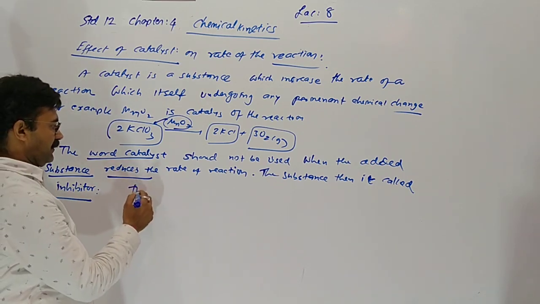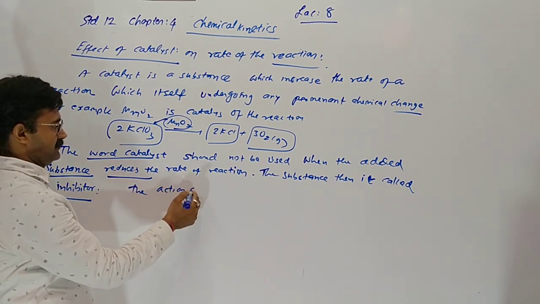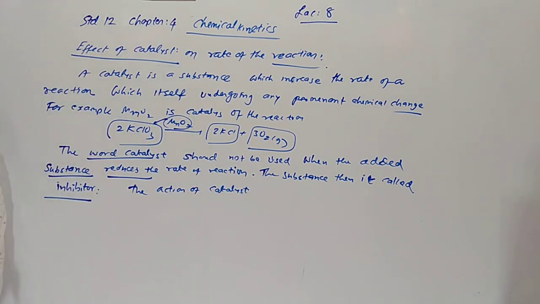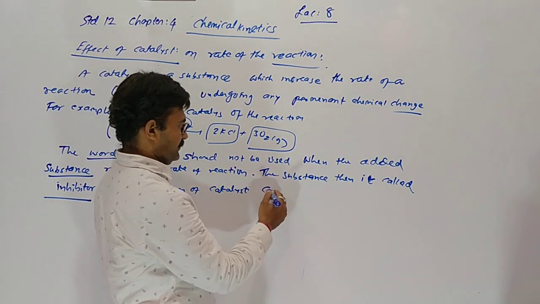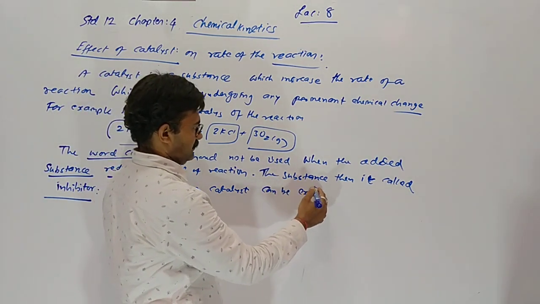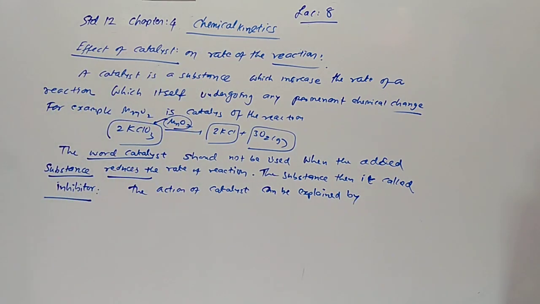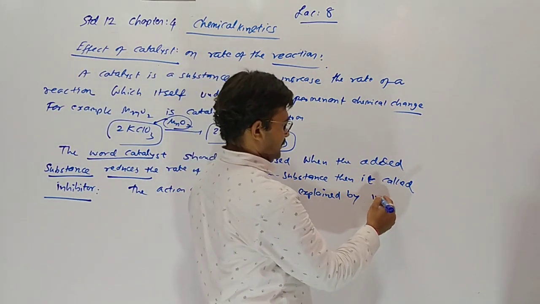The action of a catalyst can be explained by intermediate complex theory.